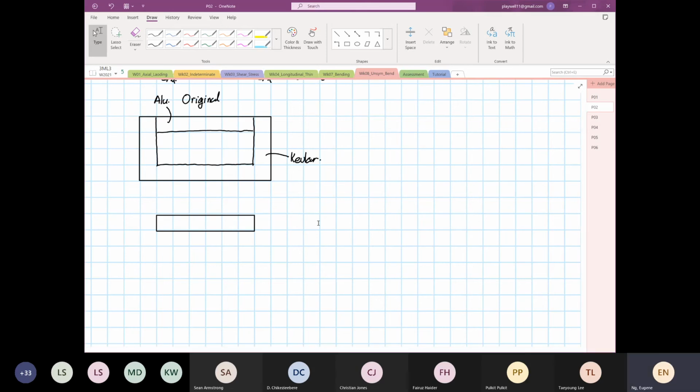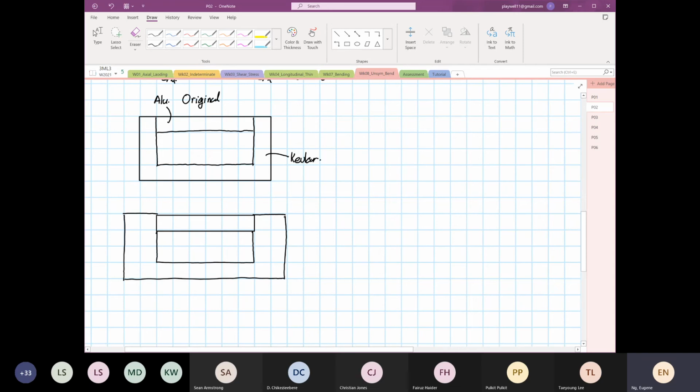So we change everything to become aluminum. So now the width will grow bigger. Only the width will grow bigger. The depth did not change.